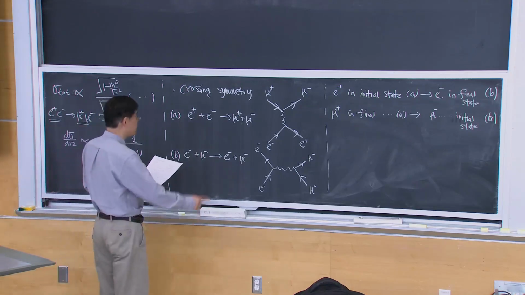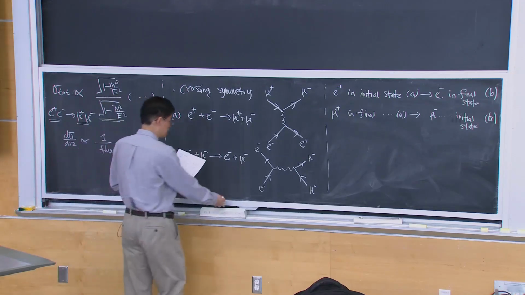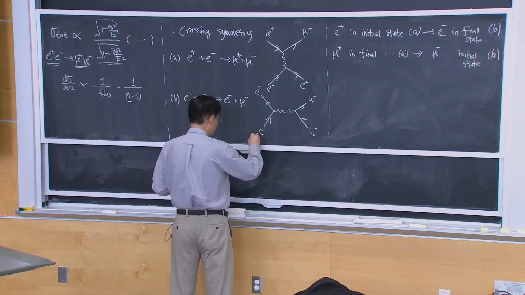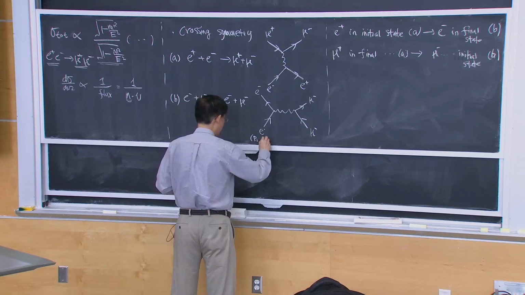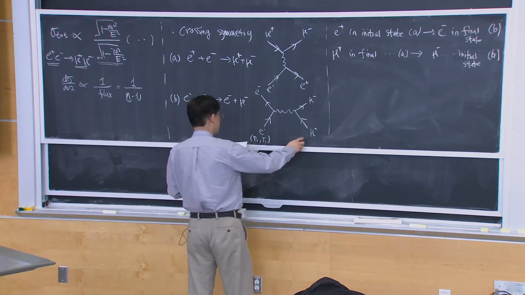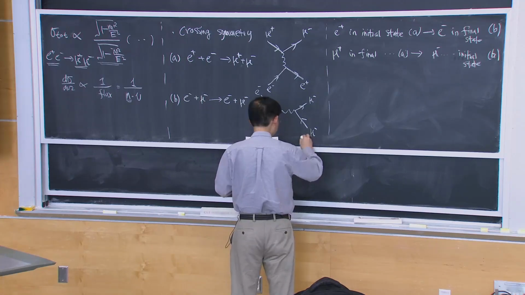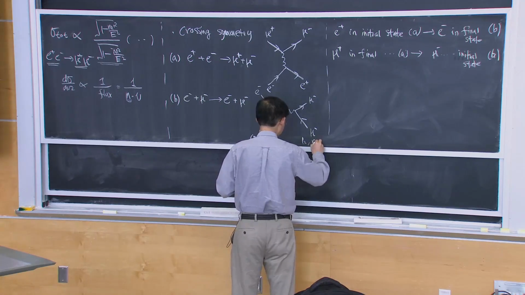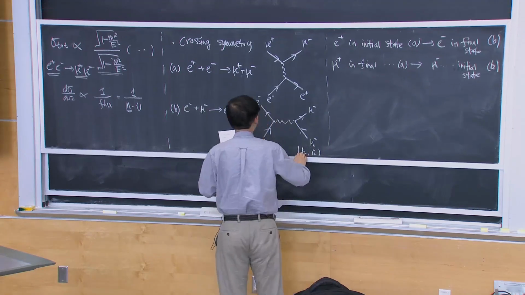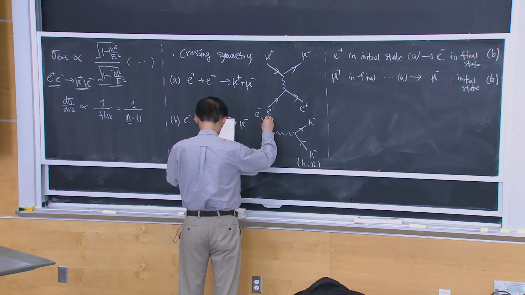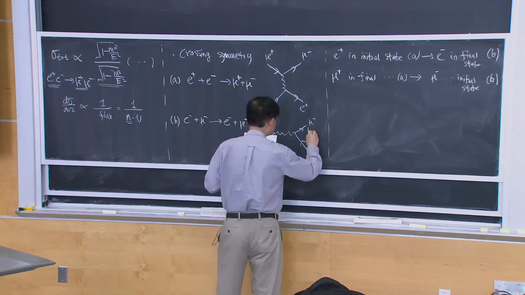Now let's label the quantum numbers. Suppose we call this P1, R1, this P2, R2, and call this one K1, S1.